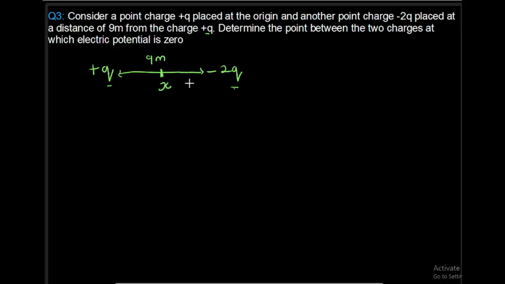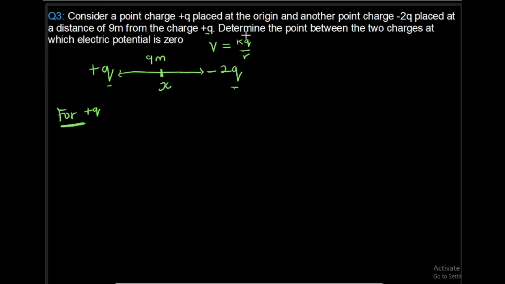Determine the point between the two charges where the electric potential is 0. So since we don't know the point where the electric potential is 0, we label it as X. All right. So from this point to this point, electric potential of this charge is 0. Now from this point to this point, electric potential of this other charge is 0. All right. So now we try to separate them. We say for positive Q charge, let's try to calculate the potential. Now we know that our equation for potential, anytime we're looking at the relationship between electric potential and distance, is V equals KQ over R. We need to bring out this formula first.